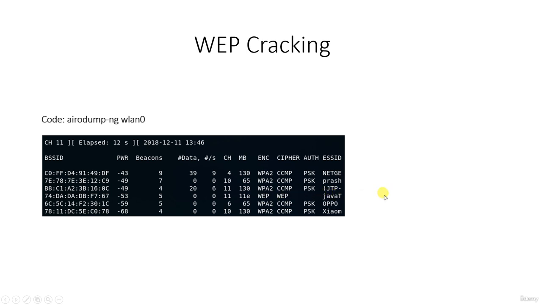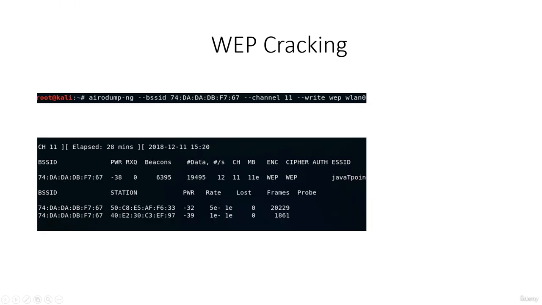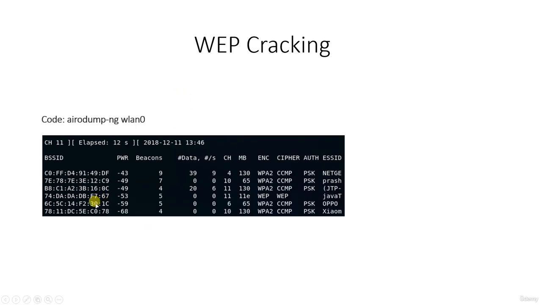On this network, we are going to perform our attack, and we are going to run airodump-ng against the Java T point network using a command like this. Here we run airodump-ng against the Java T network with a BSSID, which is this one, as you can see.